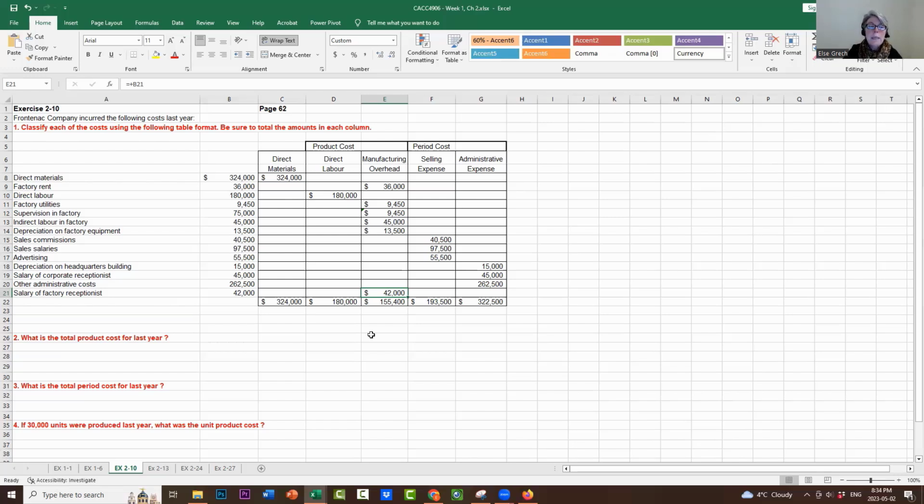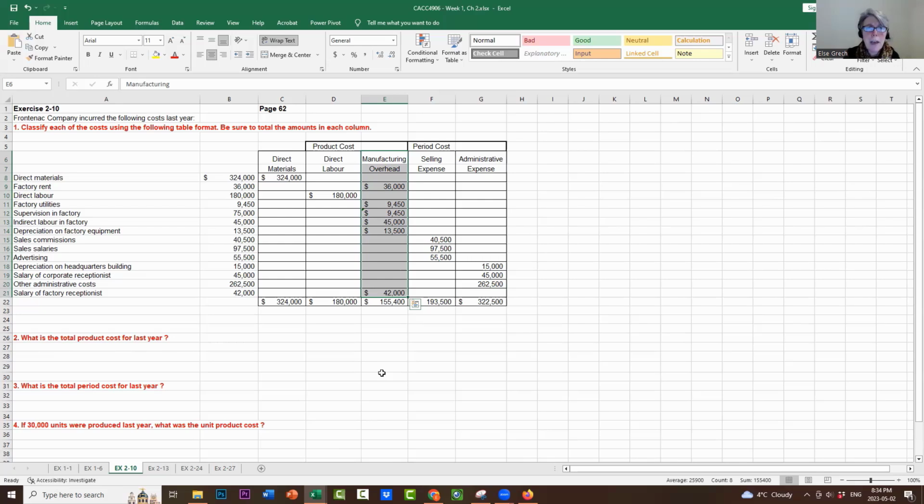So this person is not touching the product at all. However, do we need that person in the factory in order to allow the factory to run appropriately? And the answer is yes. So that's why it's in manufacturing overhead. Manufacturing overhead is all the costs that are not directly related to the product. They're not touch costs. But if we didn't have these costs, we wouldn't be able to produce the product at all.